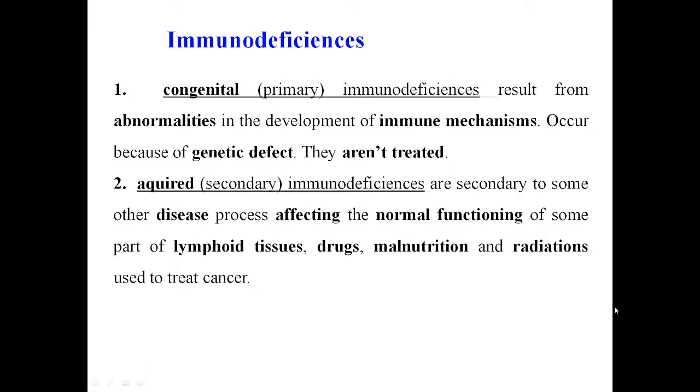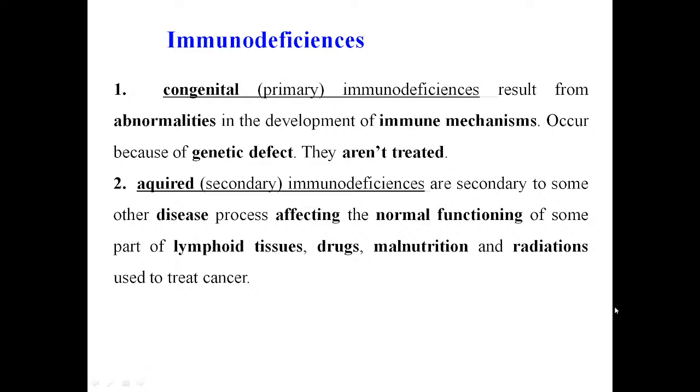And another group is acquired or secondary immunodeficiencies. They are secondary to some other disease process affecting the normal functioning of some part of lymphoid tissues. They occur later. They are caused by use of drugs, malnutrition, and radiation used to treat cancer.